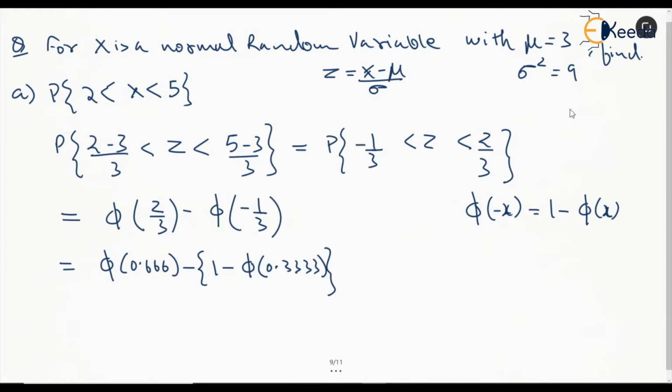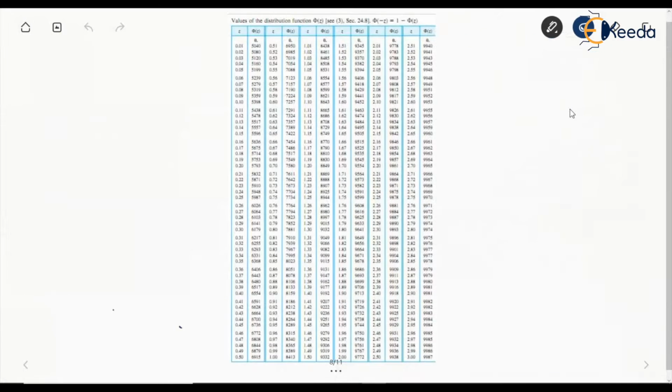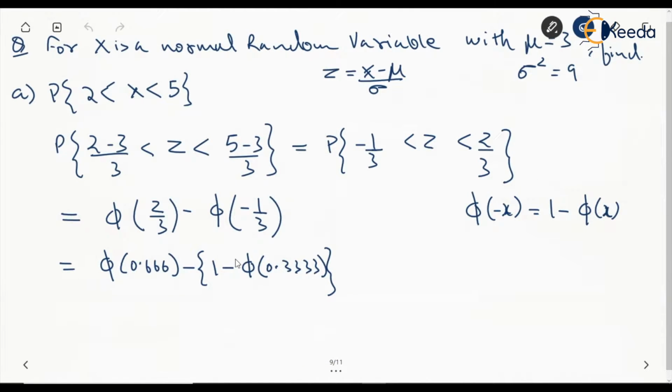So we can refer the values for both, 0.66 and 0.33, 0.6293 and so on, right? So we can use these values and find this expression to be finally 0.3749. Putting these values we get 0.3749.